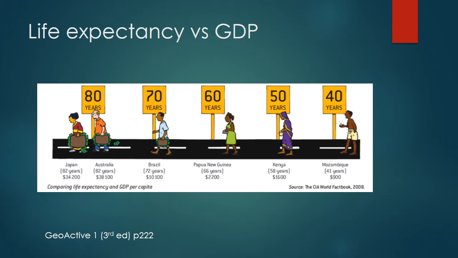And as you get down and further into the developing countries, you'll notice that the GDP decreases by quite a lot, and life expectancy is also decreasing. So that's telling us that people who have less money per person also have a lesser life expectancy. And in Mozambique, life expectancy is 41 years and their GDP is only $900 per person.